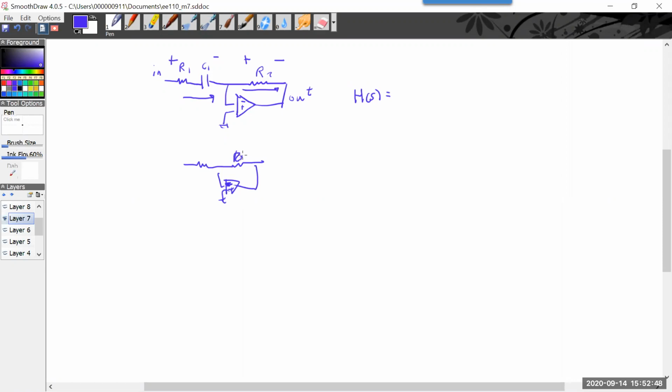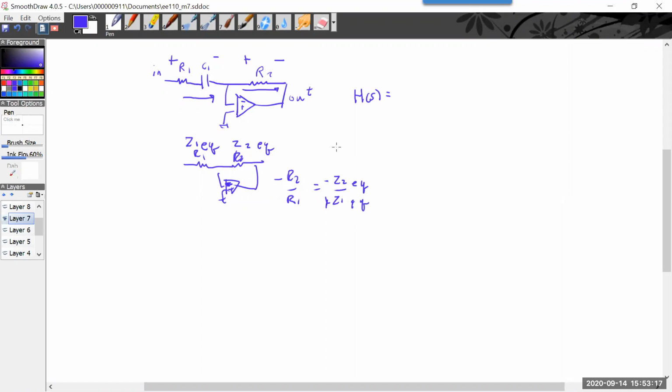You probably have memorized that the gain is minus R2 over R1. Well, if we just replace that with impedances, then the gain is minus Z2 over Z1. And then if we make those equivalent impedances, it's just equivalent.